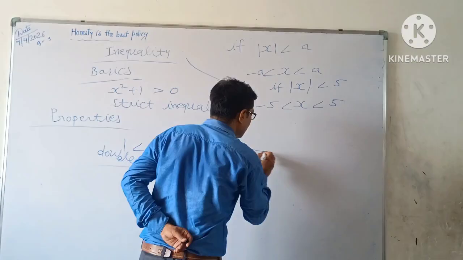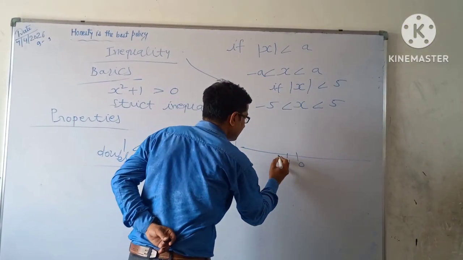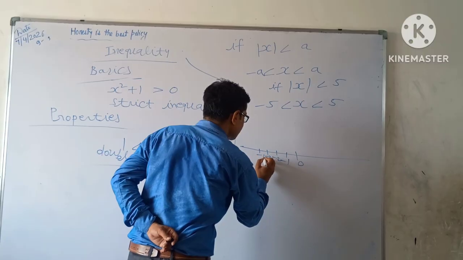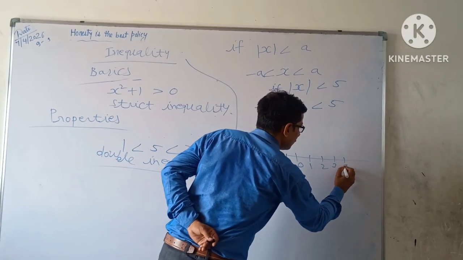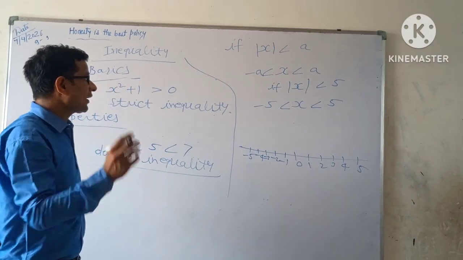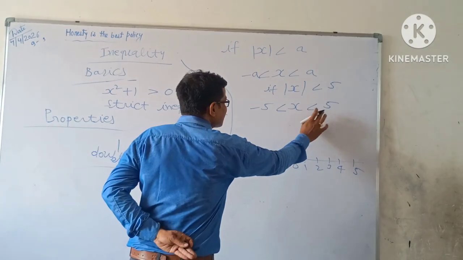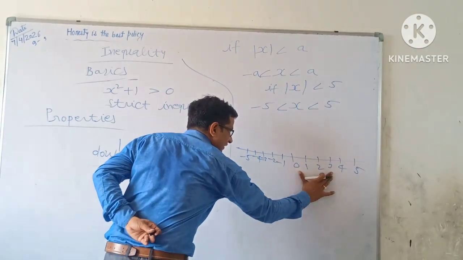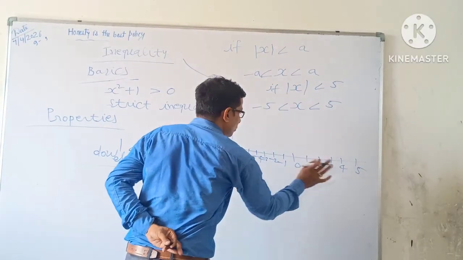If you plot a number line with 0, and minus 1, minus 2, minus 3, minus 4, minus 5, and 1, 2, 3, 4, 5. It says that mod x is less than 5. So if x is less than 5, then its mod will be less than 5. It is true.